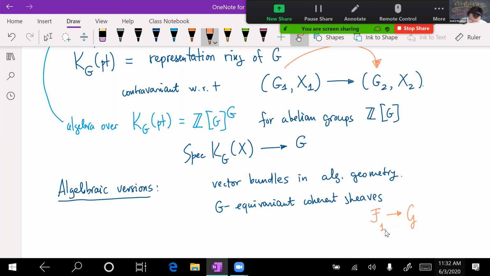F1 and so on are the generators. It's a module generated by finitely many things, so this is a free module of some finite rank. And all of our schemes will be Noetherian, so automatically there would be finitely many relations.